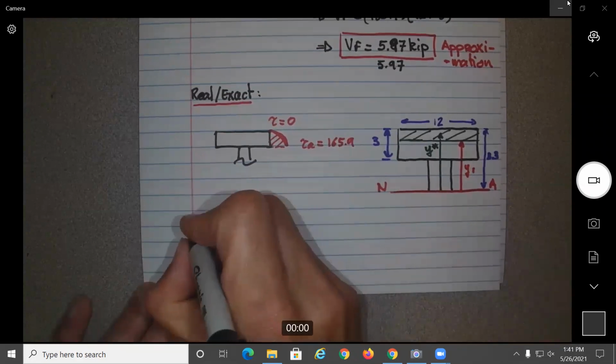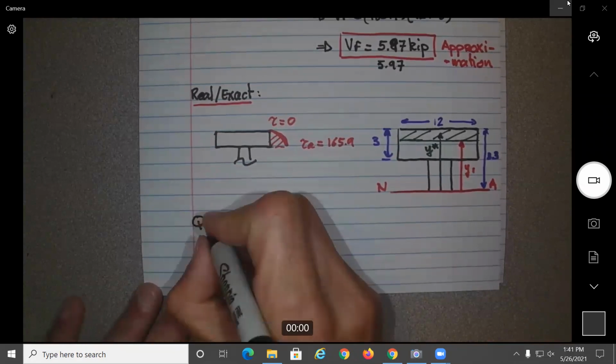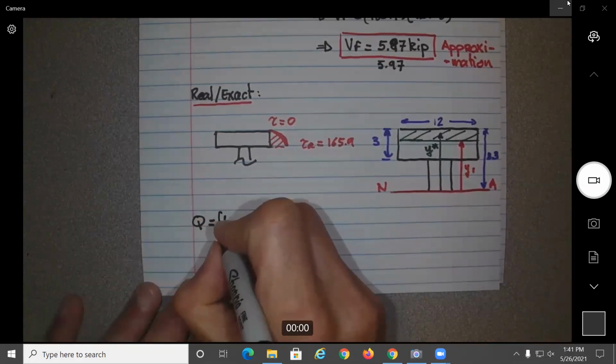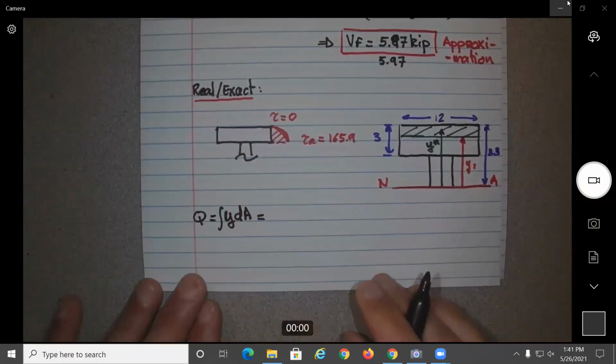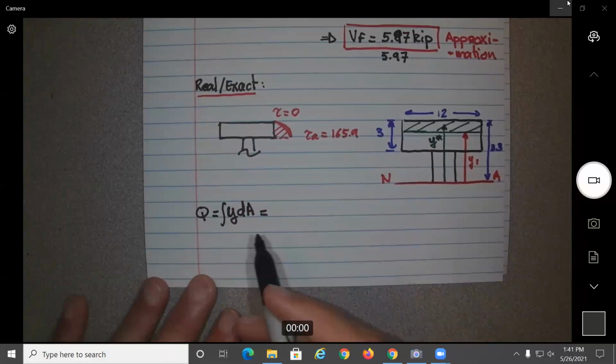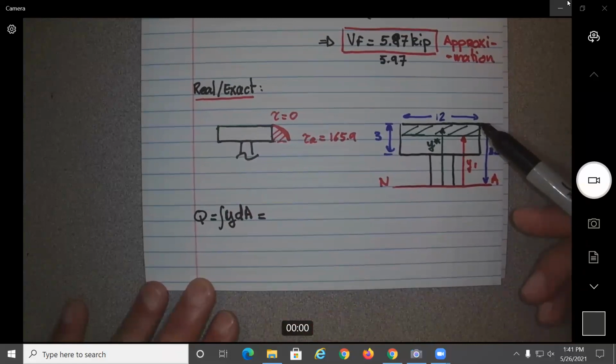Okay, so if you remember, we said that the first area moment needed to be equal to the integral of y dA, and that we could simplify this. So you see, this is an integration sign, meaning that really what we're doing, we need to integrate throughout this flange over here. So from this point here to point A, okay?